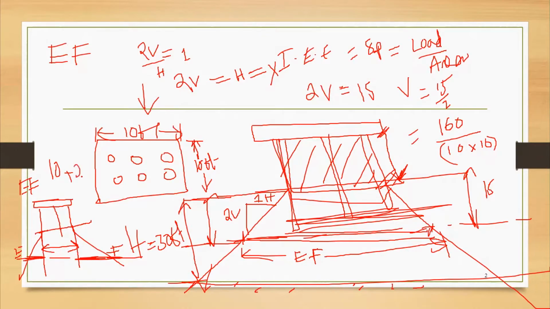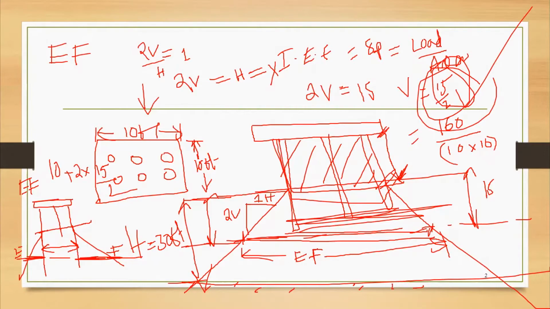So 2 times that portion is nothing but 15 divided by 2. What is 15 divided by 2? 7.5. You understood or not? Yes, sir. Okay, fine. That's what I am trying to explain here.